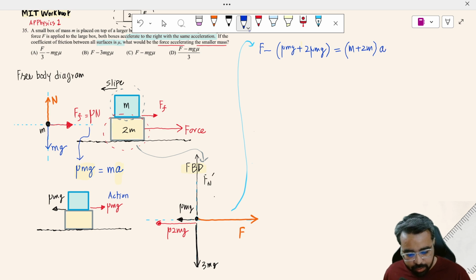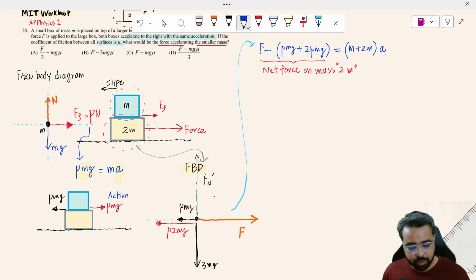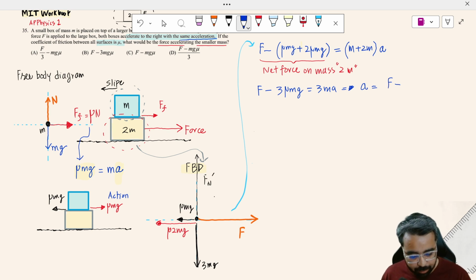Because this equation will give us the value of acceleration, then we will put this value here to find out the force. Okay students, so this is the net force, and F minus 3 mu mg must be equal to 3 ma, and you can see we have got an equation for acceleration, because in the start I set the same acceleration for the upper and the lower block. So this acceleration is F minus 3 mu mg over 3m.